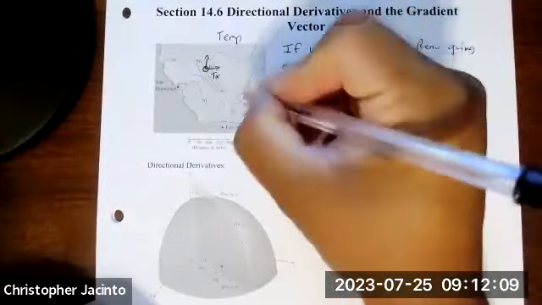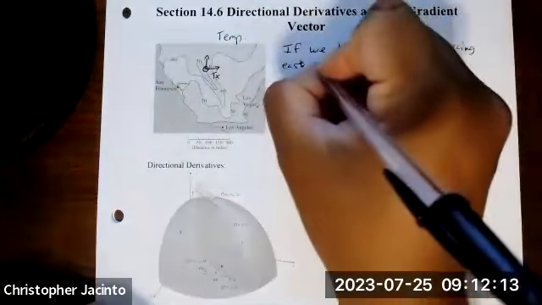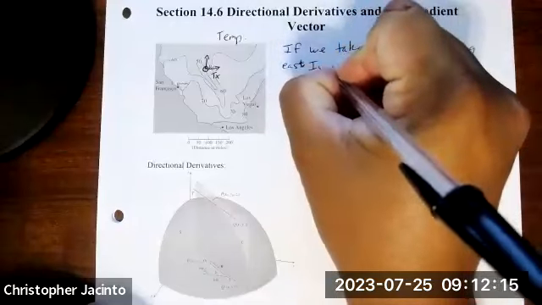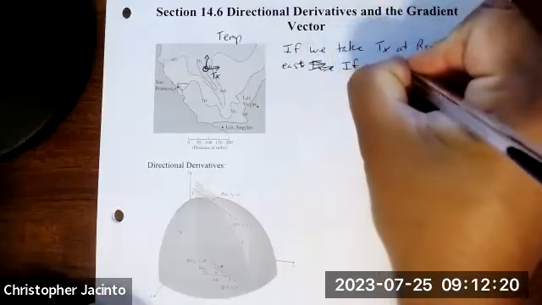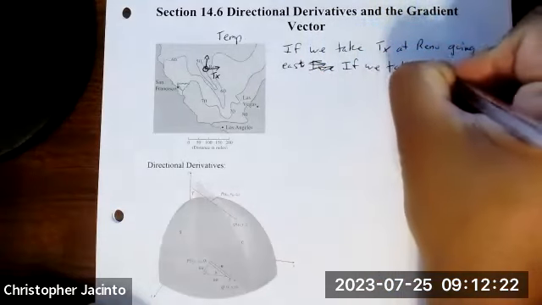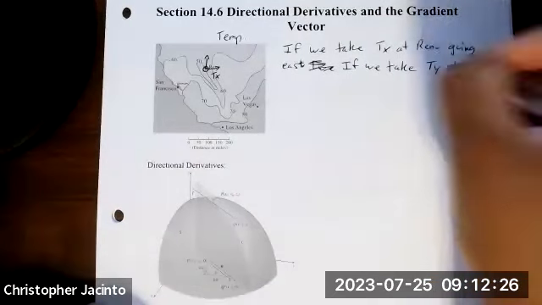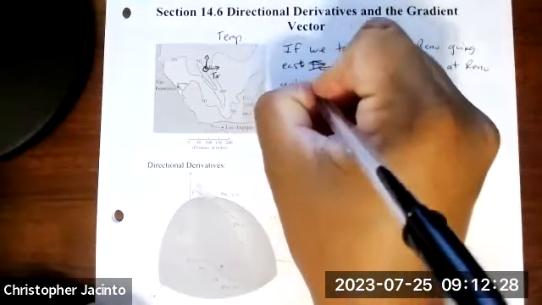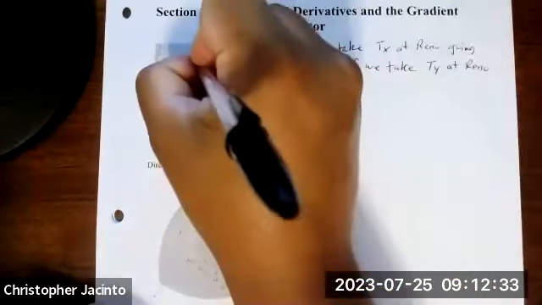And again, like we said, we went north, right? So let's say Ty, at Reno going north. This is Ty.